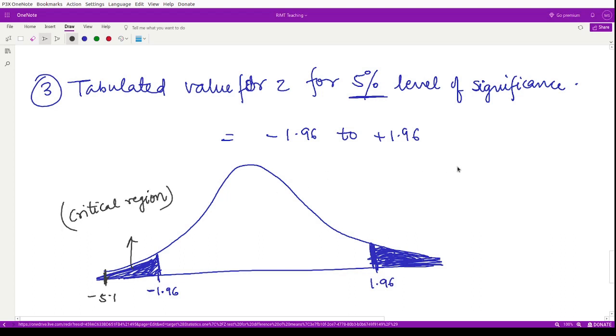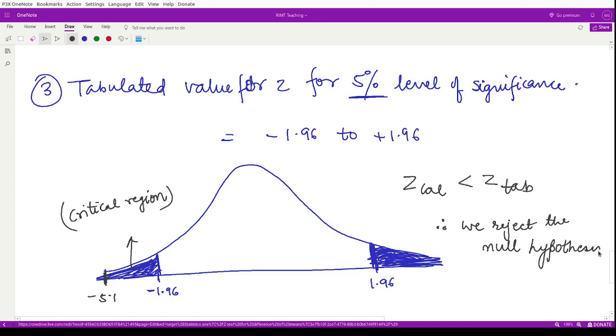Therefore, because your Z calculated value is less than Z tabulated value, we reject the null hypothesis. If you reject the null hypothesis, therefore H1, the alternative hypothesis, is accepted.